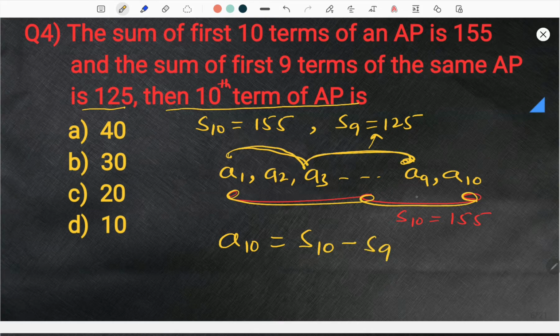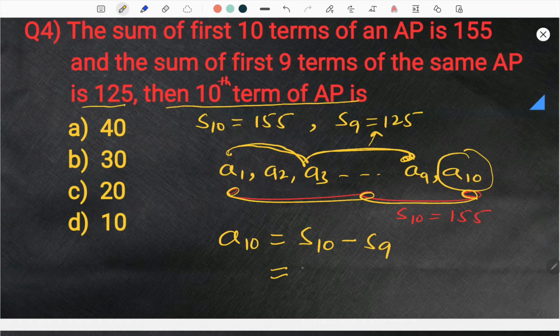Are you getting my point? Whatever sum you have taken from first term to last term, that is S10, in that you subtract the sum from first term to 9th term, that is S9, then definitely you will get the 10th term. This is the logic.